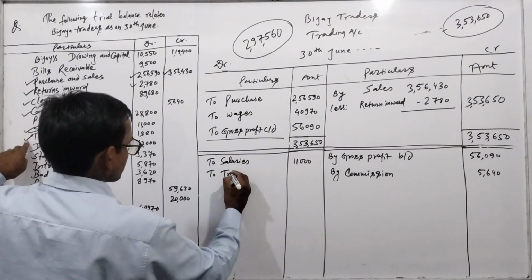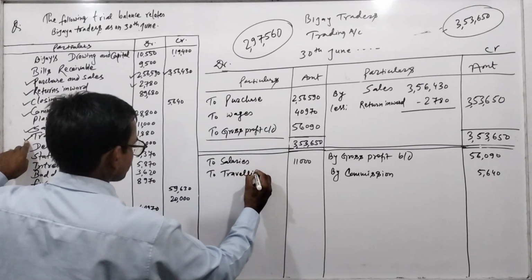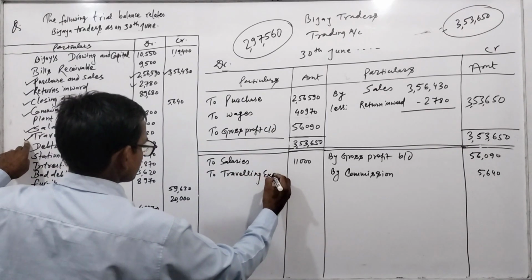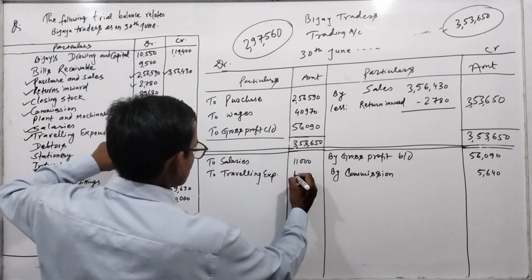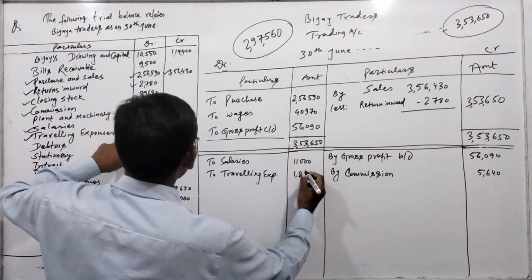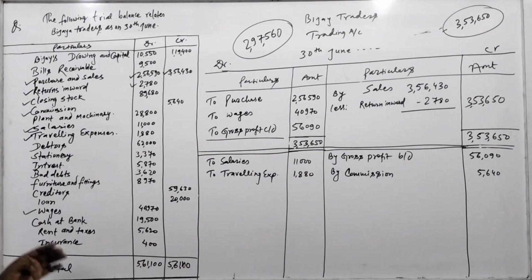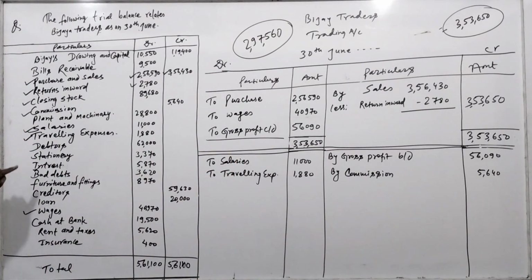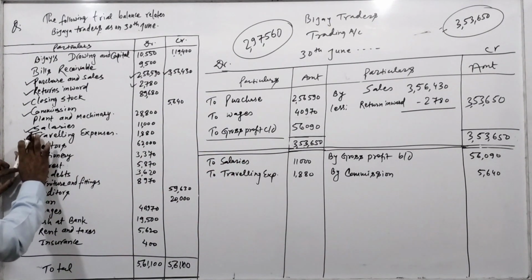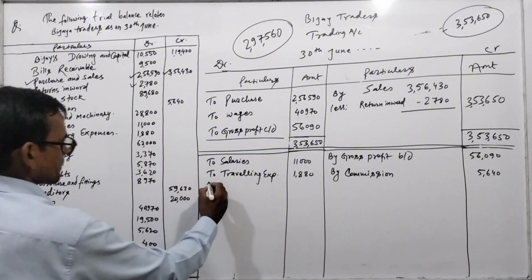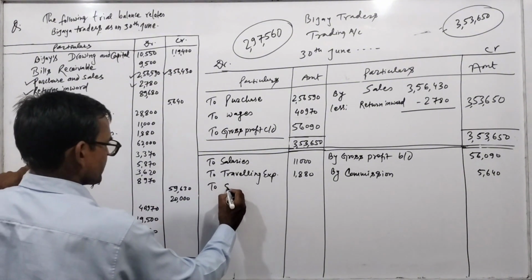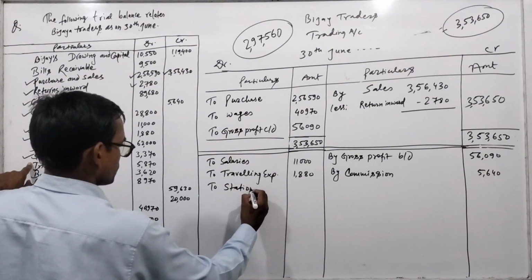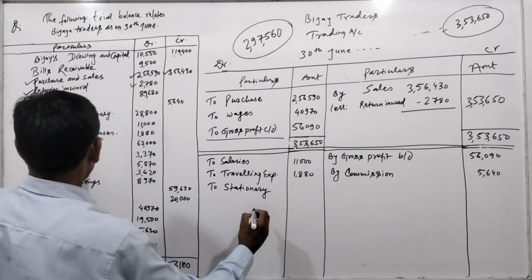You have to write here traveling expenses, that is 1,880. Similarly, debtor is an asset, goes to the balance sheet. Stationery is expenditure, office expenditure. So write here stationery, that is 3,370.